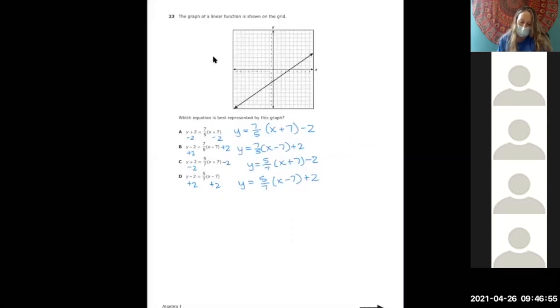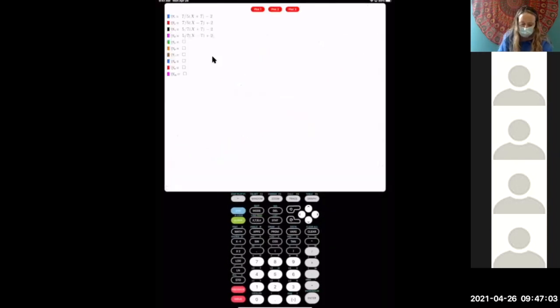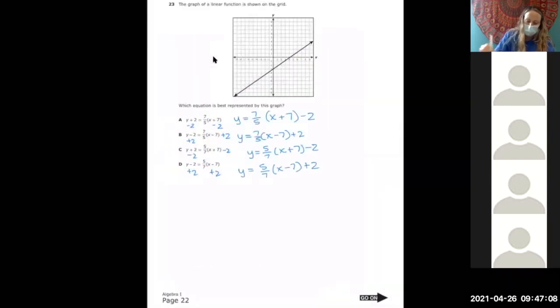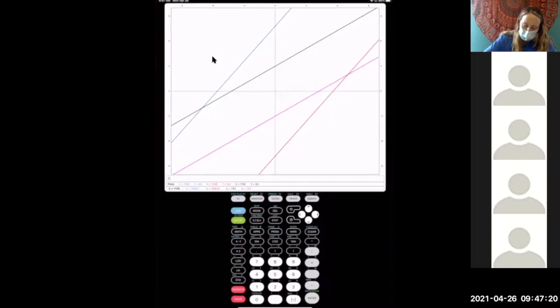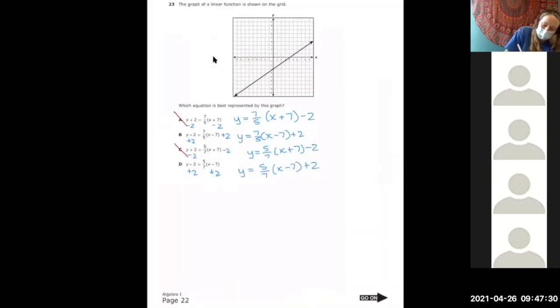And I can automatically cross off the blue and the black lines, which were A and C. So I'm going to cross off A and C. And now it's in between B and D. And so we're going to look, I need it to cross at -3 and at 4. And the pink line crosses at -3 and 4. So it's the pink line, which was D.